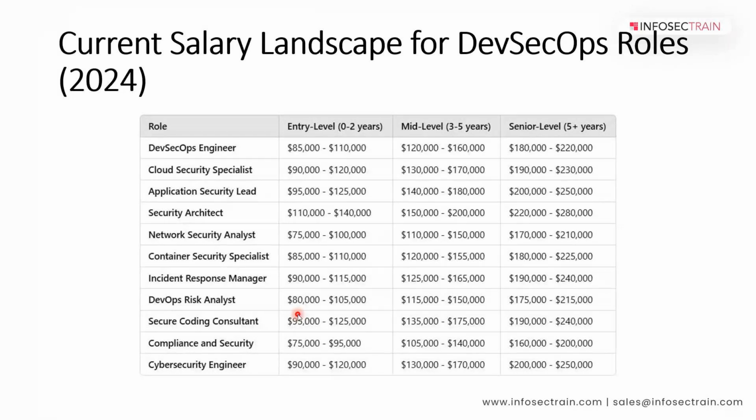It shows the salary ranges in US dollars for entry level, mid level, and senior level. All these come under DevSecOps, whether cloud security, application security lead, or whatever it may be. You can see the maximum limit for the current salary landscape.